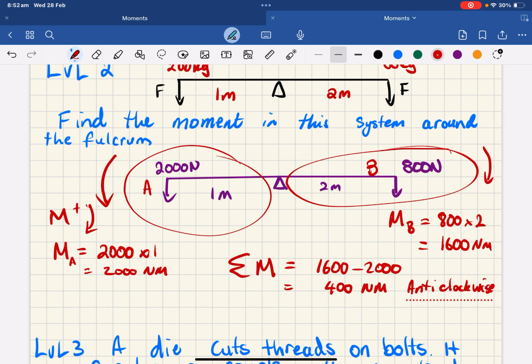Which means that this whole thing will rotate in an anti-clockwise direction. So this end will go down, but not by as much as if A was there by itself.